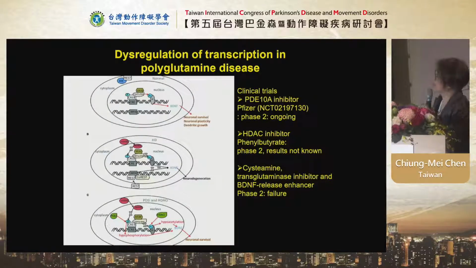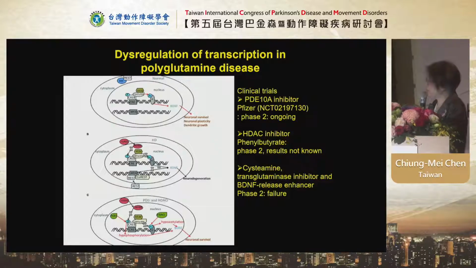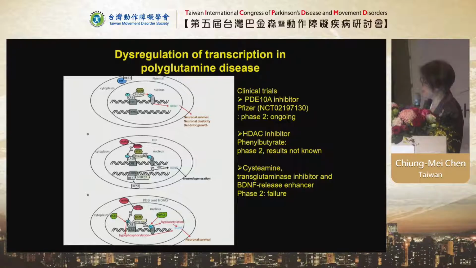Here you can see mutant huntingtin impairs phosphorylation of CREB, impairs acetyltransferase activity of CBP. And mutant huntingtin is dissociated with REST. REST then binds to NRSE to inhibit BDNF transcription.